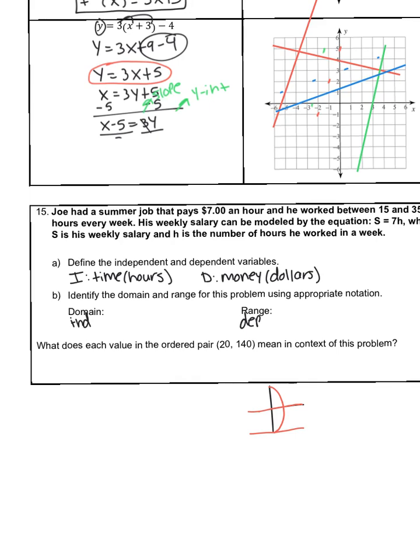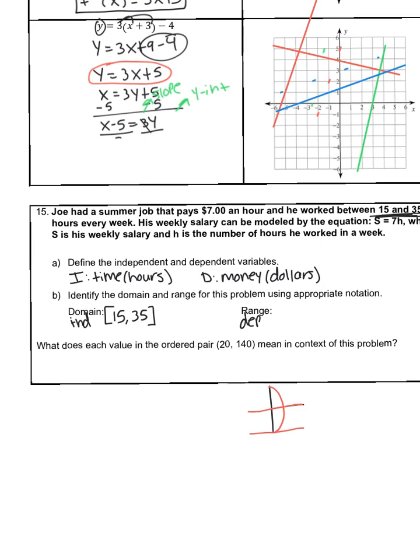So domain is looking at your time in hours. It tells us that he's working between 15 and 35 hours. So we're going to go 15, 35, and I'm putting brackets around those because I'm actually going to touch those points or reach that amount of hours.